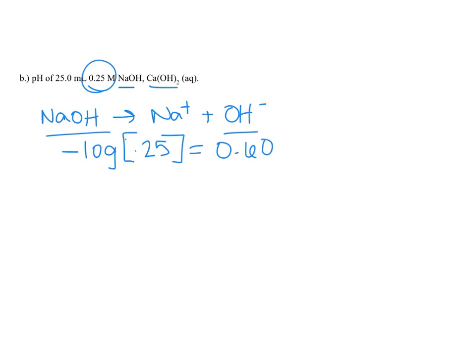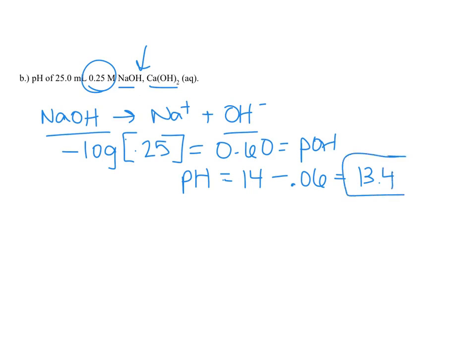However, when you take the negative log of the hydroxide ion concentration, what that gives you is the pOH. So anytime you're dealing with a base, you have one extra step at the end, and that is to calculate the pH: you have to take 14 and subtract that pOH value, and that's going to give you your pH. And it's the pH value that we actually look at to determine if something is acidic or basic.